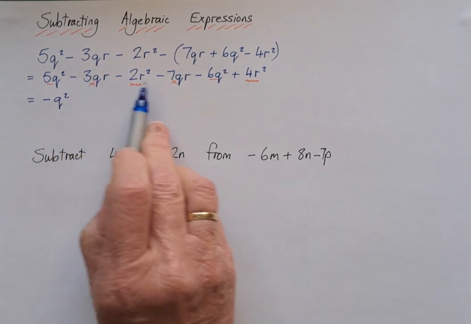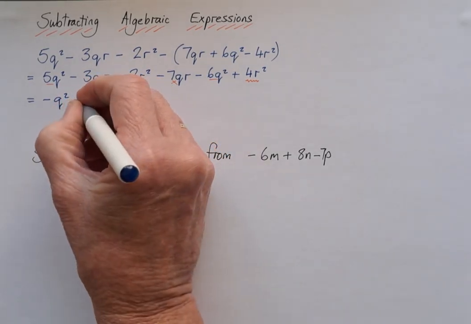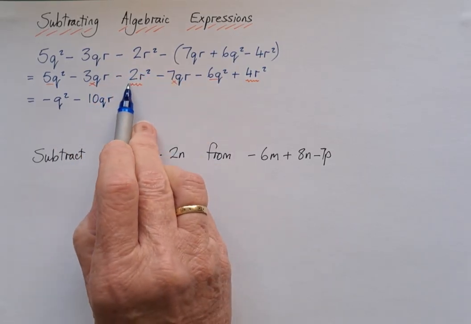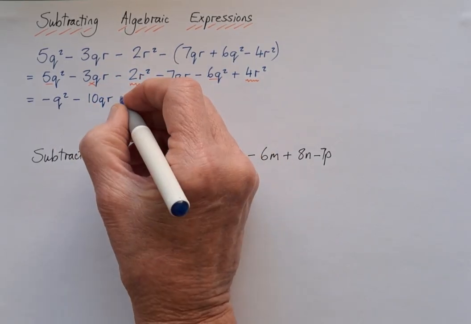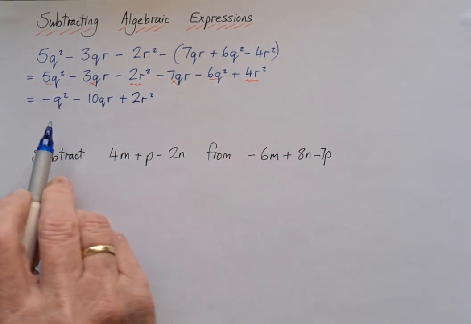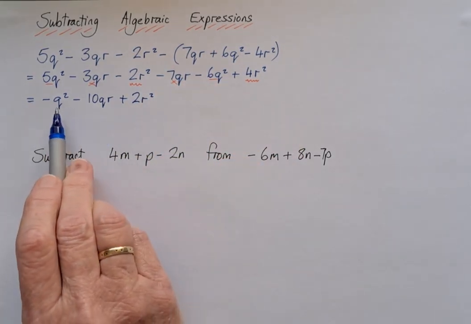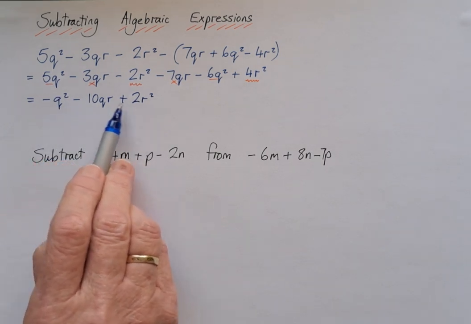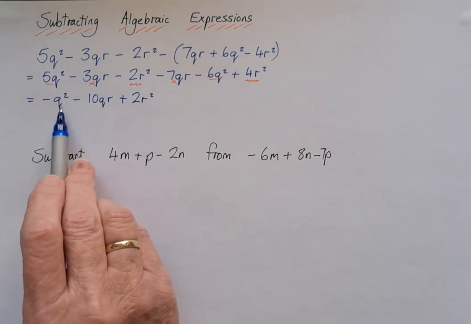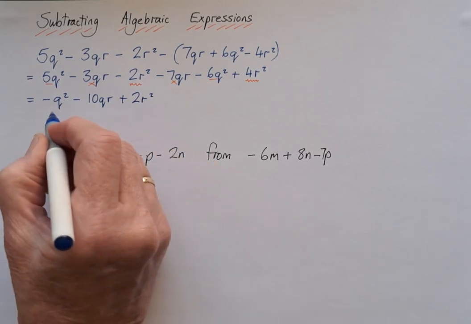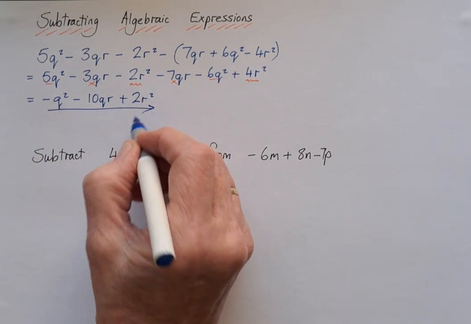Negative 3QR minus 7QR is negative 10QR. And negative 2r squared plus 4r squared is plus 2r squared. And if we look at our final answer, it contains 2 variables, and the first variable is going in descending powers, and the second variable is going in ascending powers, and that's the typical way to set out a trinomial in 2 variables.